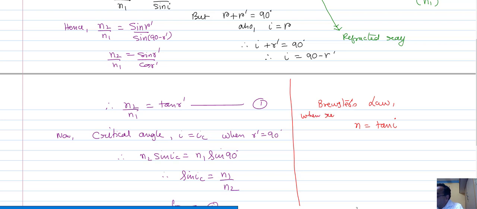This is Brewster's law. When the reflected light and refracted light are perpendicular to each other, then the refractive index of that particular medium is taken as tan I. Now sin of critical angle is 1 by n.